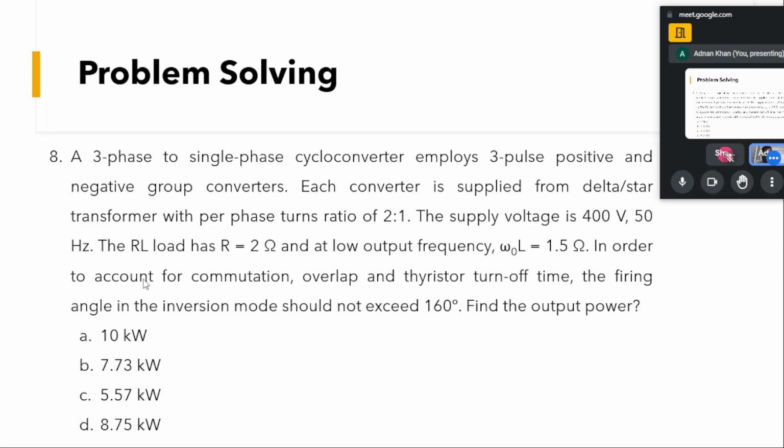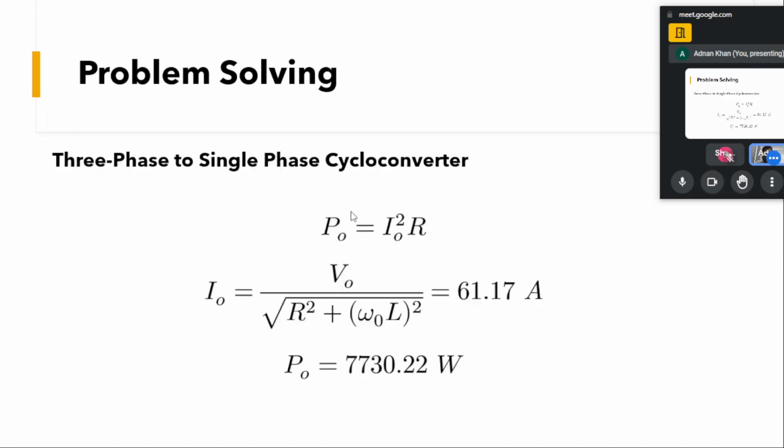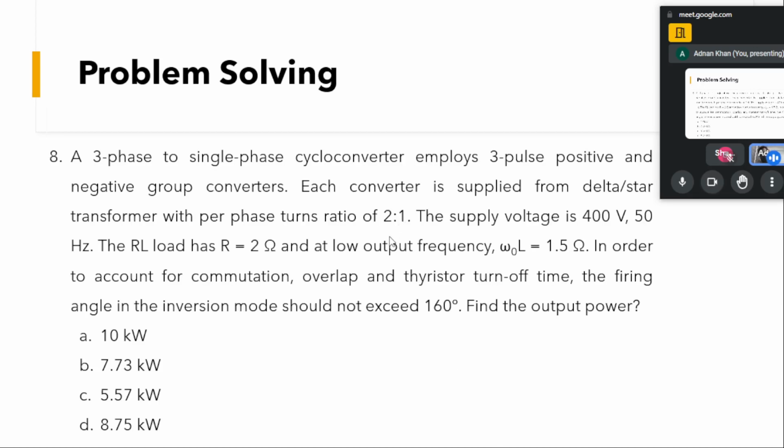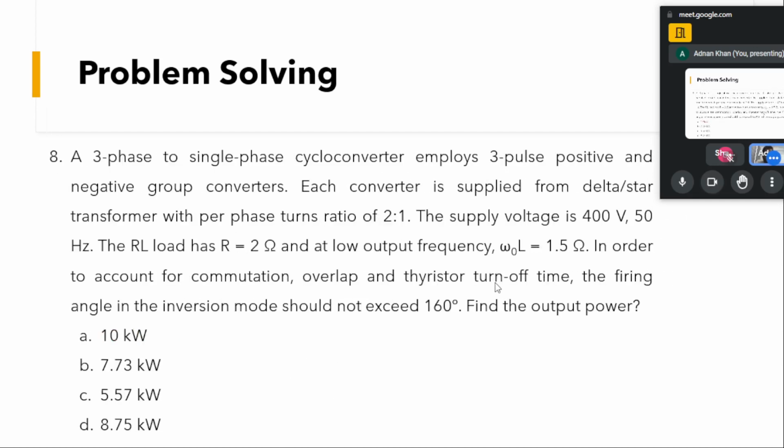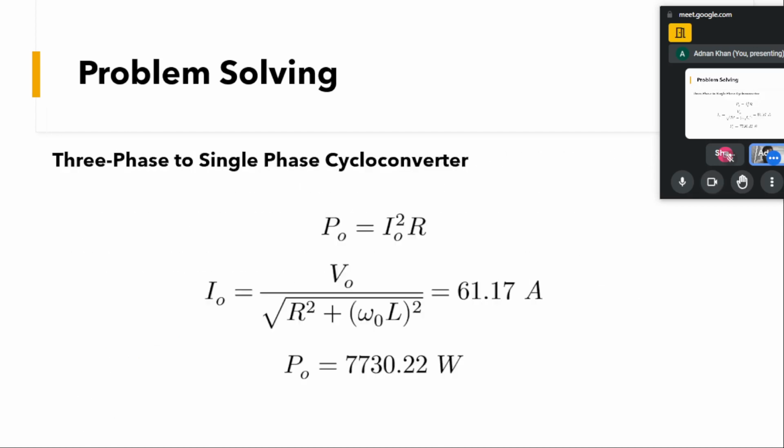For output power, if we know the output current or output voltage, we can calculate the output power, because the resistance is given. In the previous one we calculated our V out. So when we know the V out, we can calculate the I out flowing through.